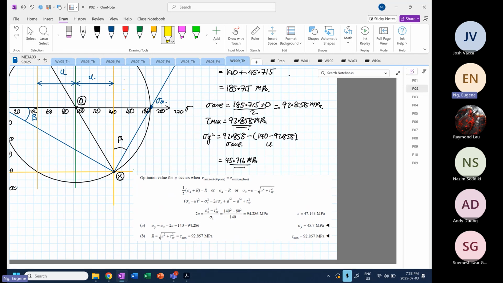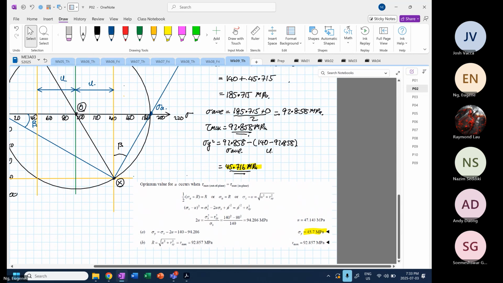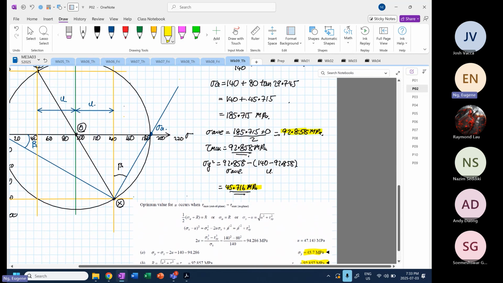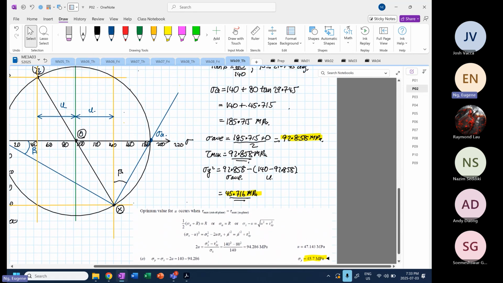So if you look at here, right, Y2 is equal to 45.76. The tau max 92.858.